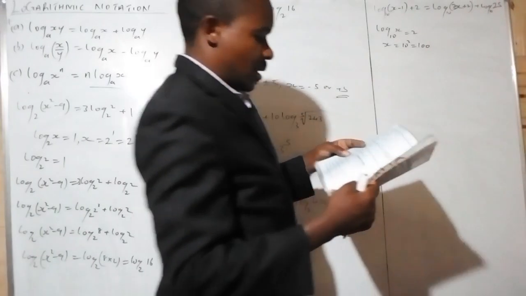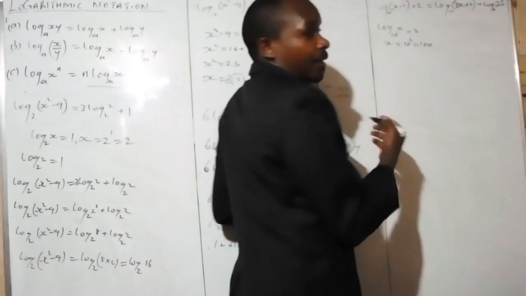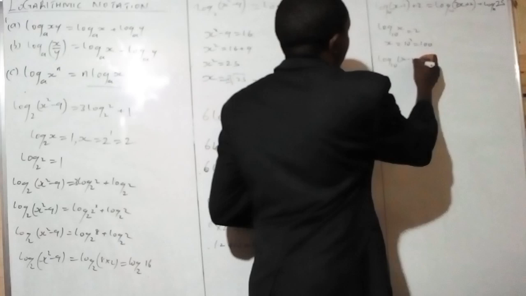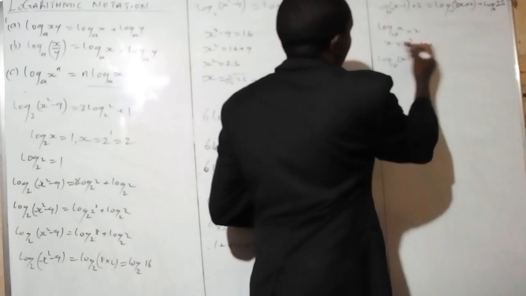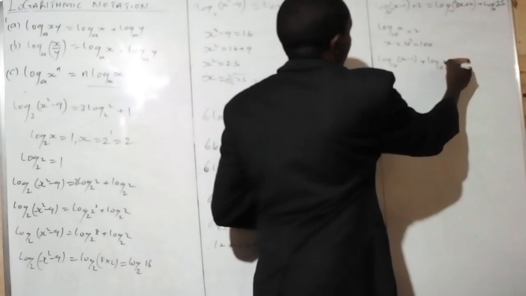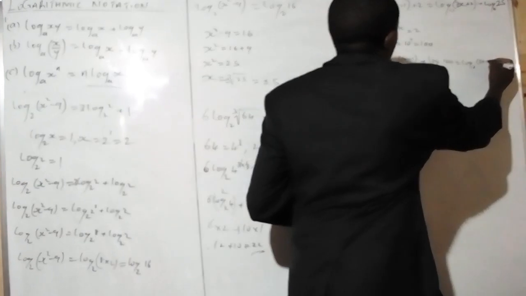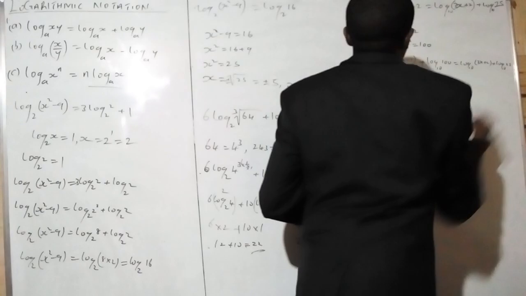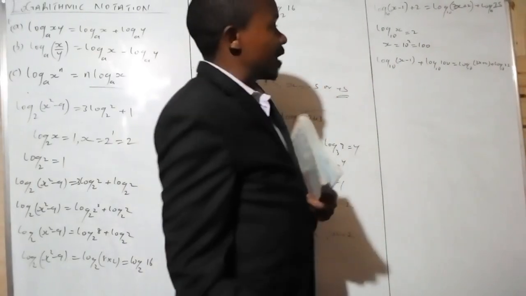Let's proceed, no problem. Then if we repeat log base 10 of (x minus 1) plus log, so where we have x, we are going to replace with 100. Log 10 100 is equal to log 10 (3x plus 2) plus log 10 25. According to the law of indices and logarithm, now we have plus, we multiply the arguments.